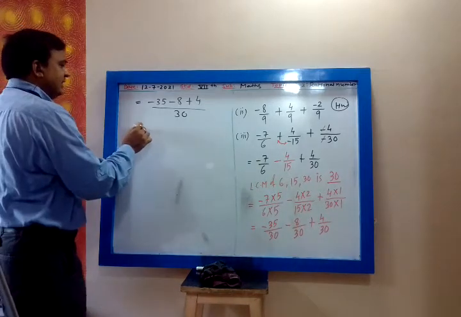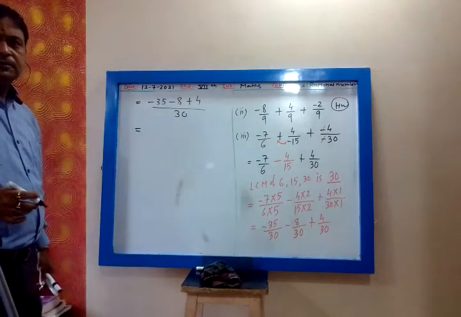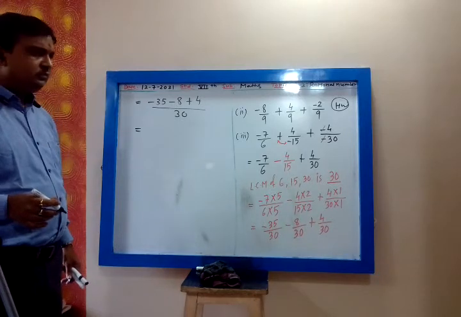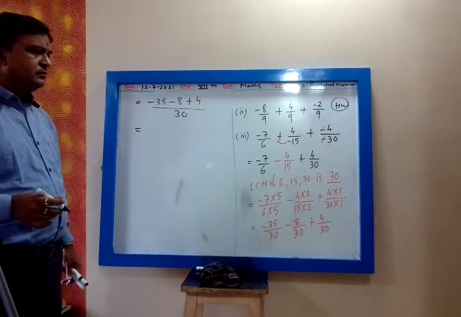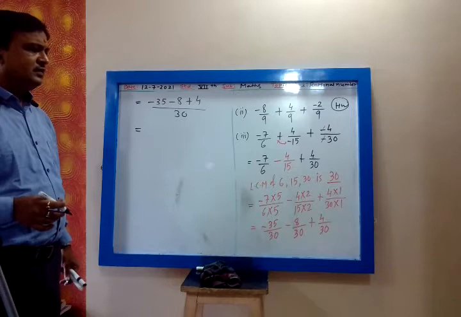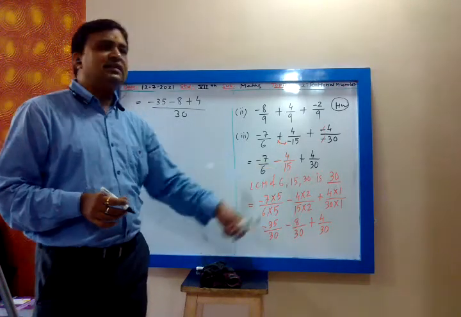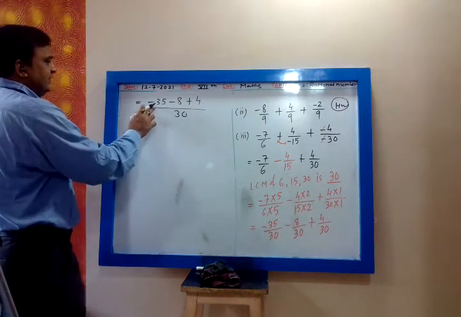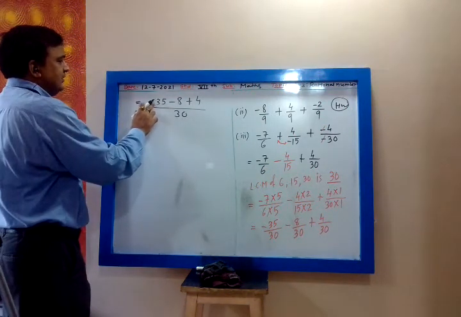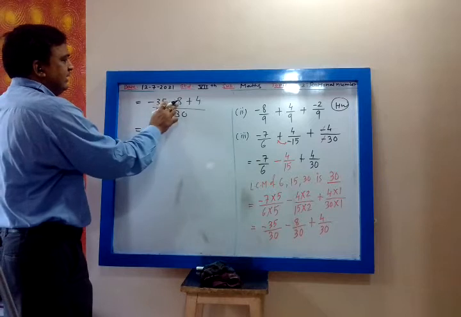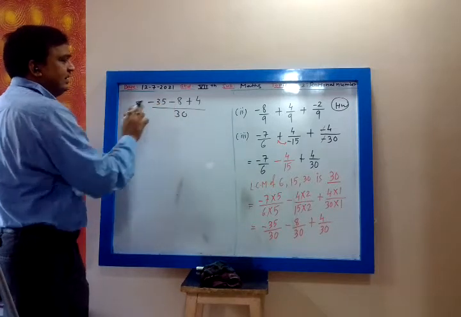Now let us see whether they have same sign or opposite sign. LCM of 6, 15 and 30 is 30. 35 has minus sign, 8 has minus sign. So minus minus, same sign.